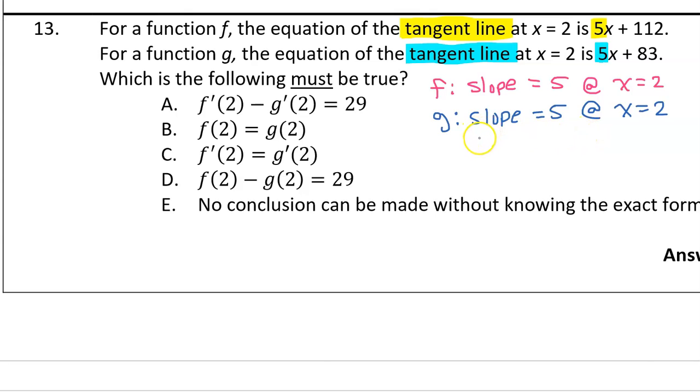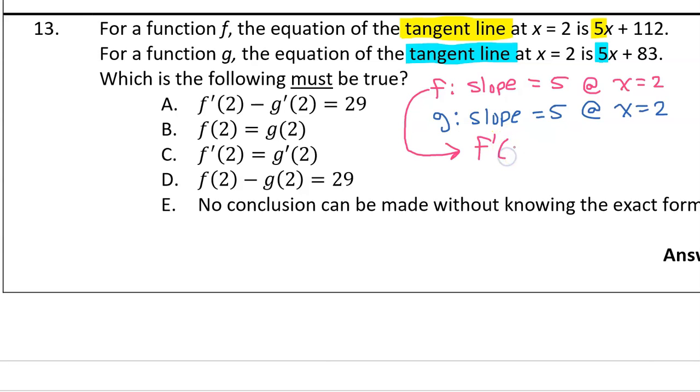Well, this is a calculus class, so how can I translate these statements into derivatives? Let's get some calculus going. So for function f, if the slope is 5 at x equals 2, we're talking about the derivative, all right? The derivative, f prime, tells you the slope.